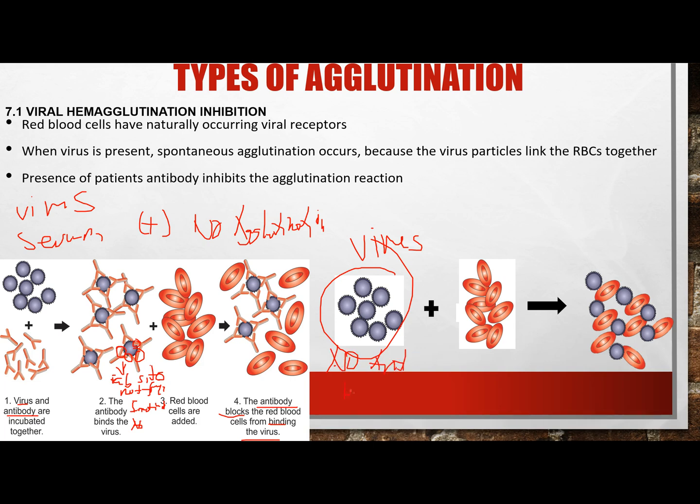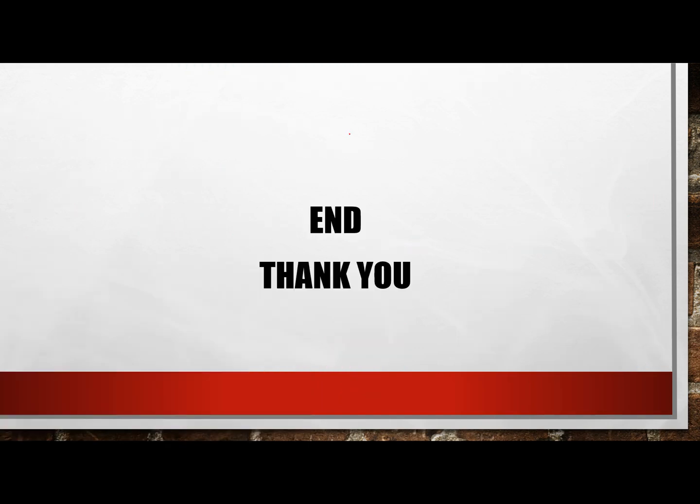So in this case, when you add your RBC, the RBC can now attach to the virus, leading to a negative result of agglutination. So that basically ends the types of agglutination. I hope you were able to learn something. Thank you.